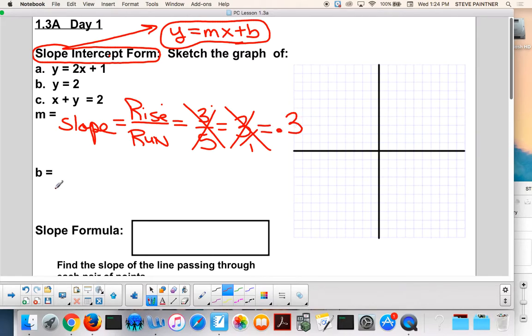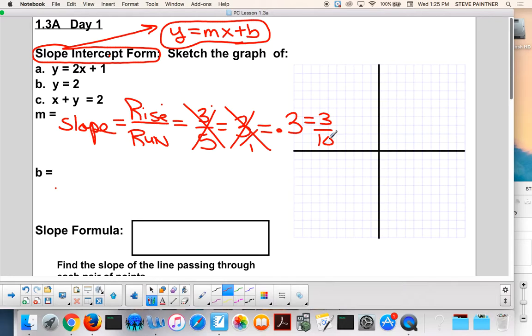What about this one? What if the slope is 0.3? No, 0.3. 0.3 repeating is 1/3. Over 10. Up what? 3. And then right what? 10. So John, you said 3 over 10. John changed it to a fraction, which you did too. And then Cece said, up 3, right 10. Get it?